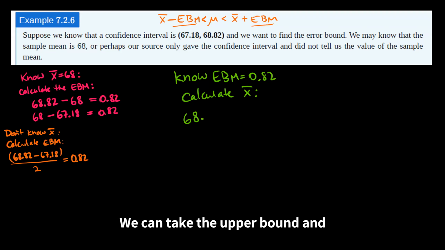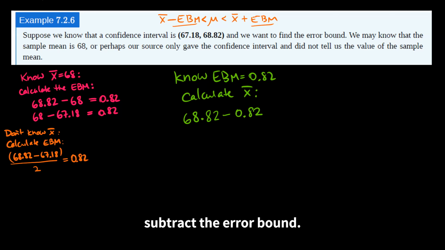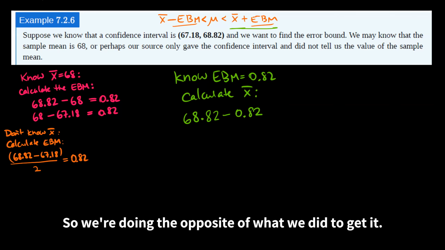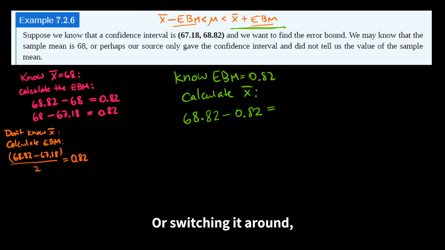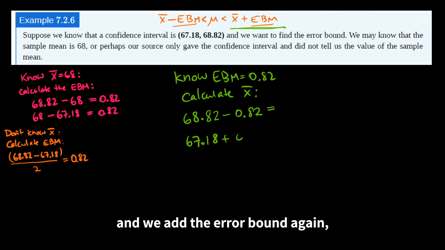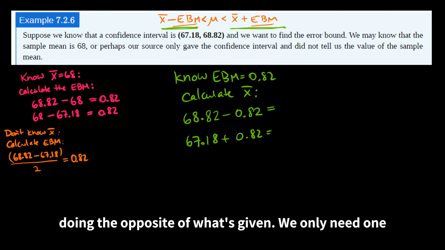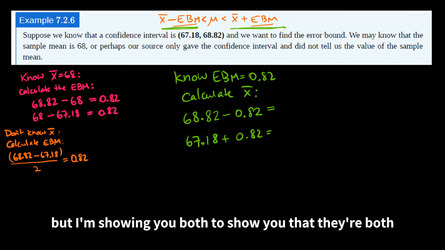We can take the upper bound and subtract the error bound. So we're doing the opposite of what we did to get it. Or, switching it around, we take the lower bound and we add the error bound. Again, doing the opposite of what's given. We only need one, but I'm showing you both to show you that they're both equal.